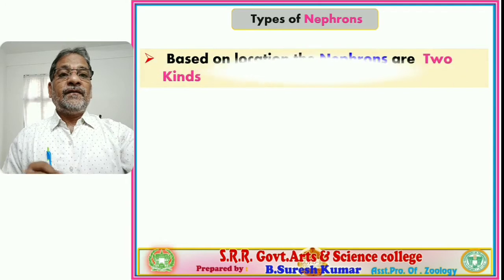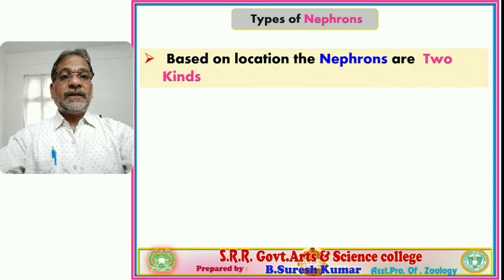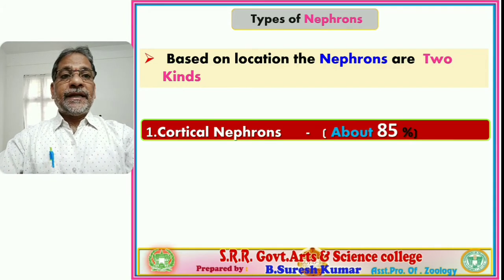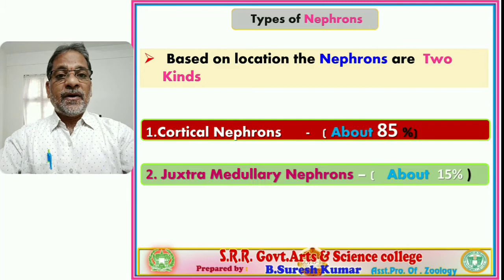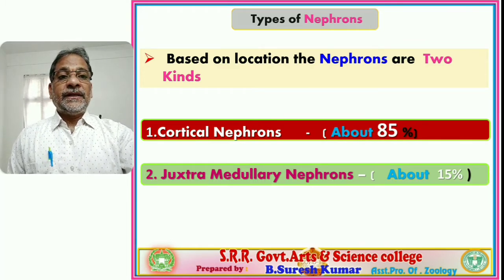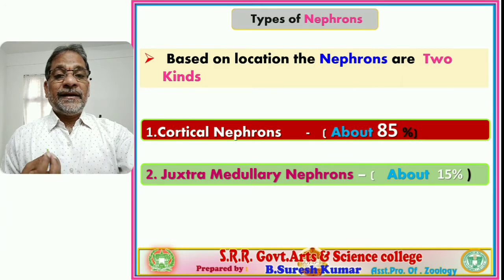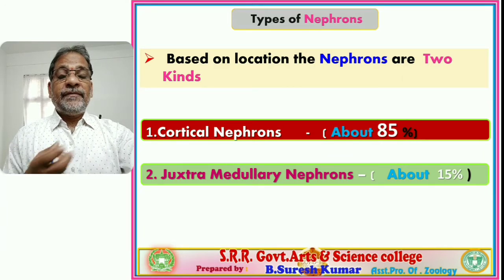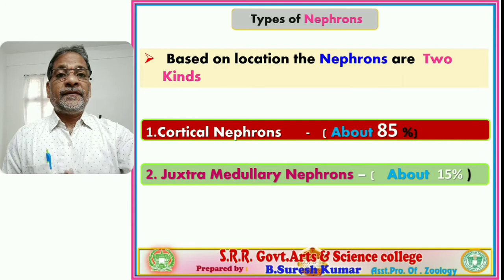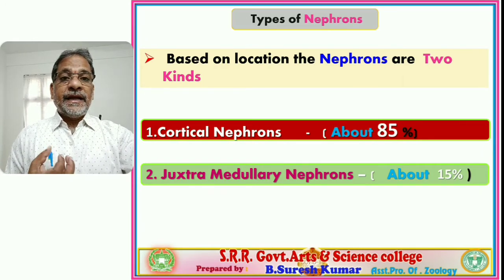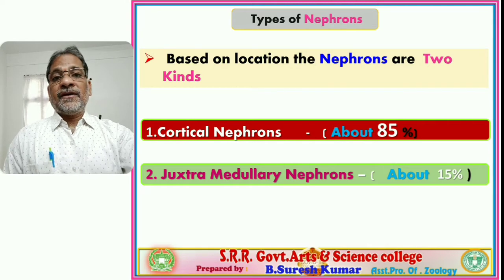Next, let us see one more topic, that is types of nephrons. Based on allocation of nephrons, the nephrons are categorized into two kinds. They are cortical nephrons. These are about 85% present. Each kidney contains approximately 1 million nephrons, 10 lakhs of nephrons. Among the 10 lakhs of nephrons, 85% are cortical nephrons.